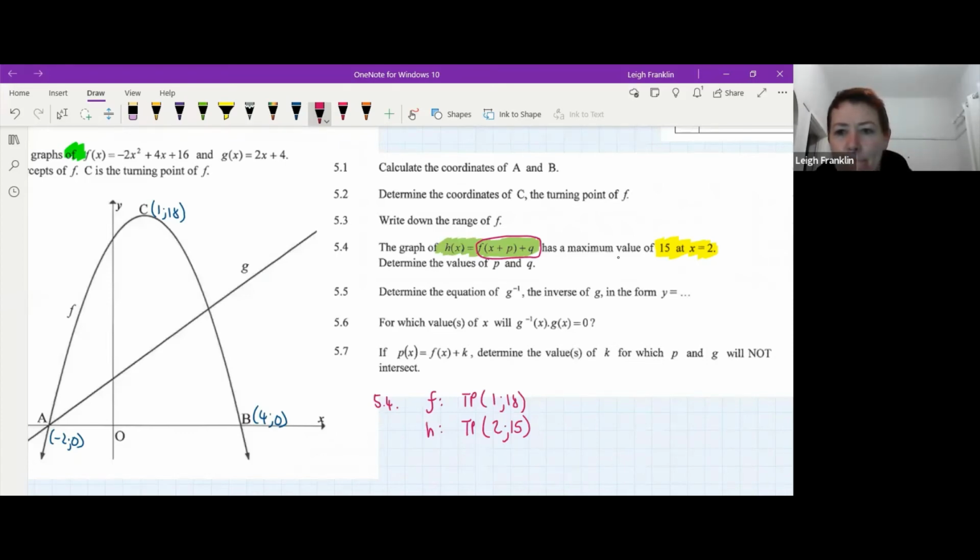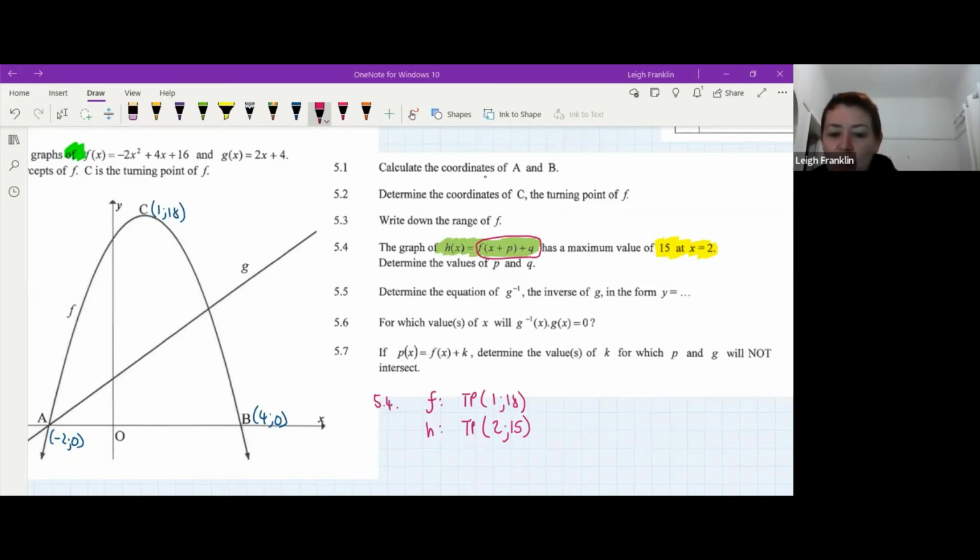The change in X, absolutely. So if my turning point was at x equals 1 before, and now it's at 2, what have I done to my graph? I've shifted it 1 unit to the left? Okay, so I've gone from f to h. f to h, so what have I done?